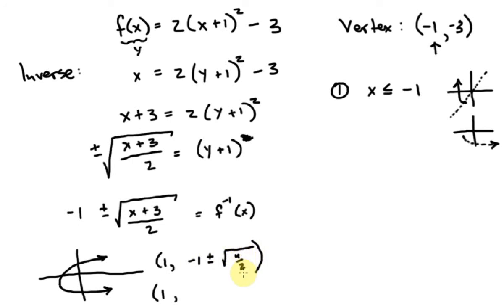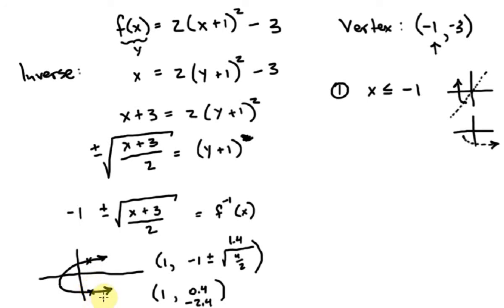Boy, I didn't pick very good numbers there. Okay, let's go with it. The square root of 2 is approximately 1.4. So -1 plus 1.4 is positive 0.4. And the other y value is -1 minus 1.4, so it's approximately -2.4. All I want you to see is that when x is 1, we have a number that is above, where it sends us up to here, and we also have a number that sends us down below.